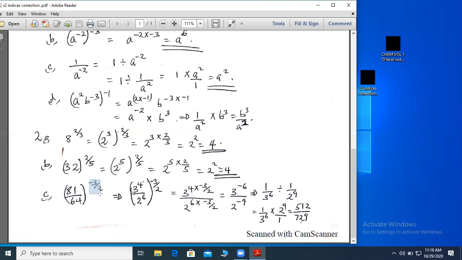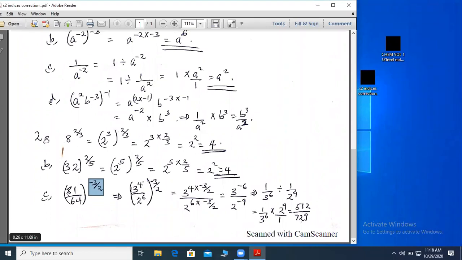Now, when the power is a fraction, if the denominator is 2, it means the base has a square root. If the denominator of the power is 3, it means most probably the base has a cube root.